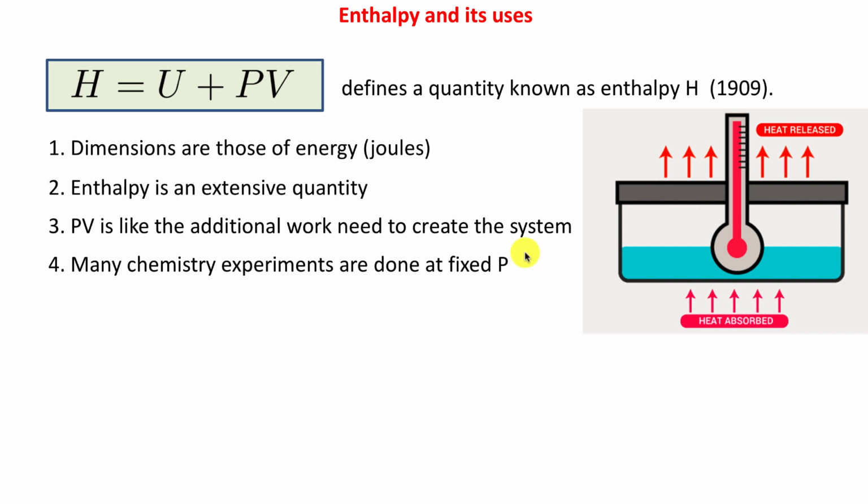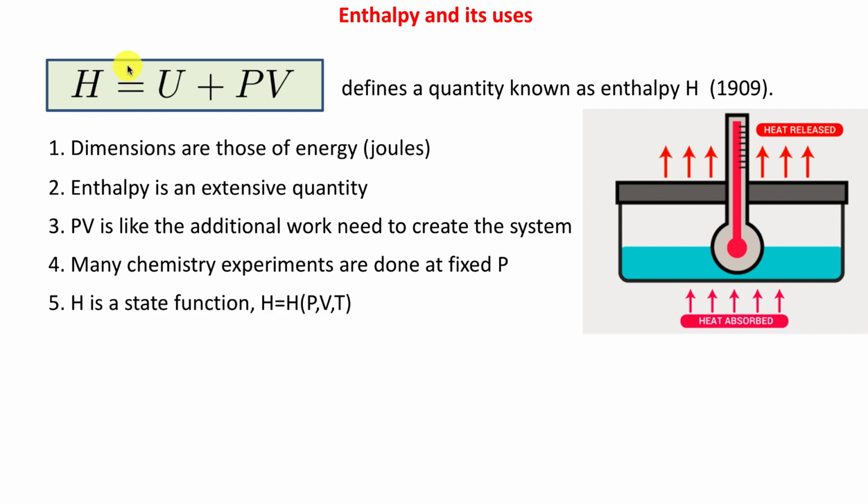So, of course, the heat capacity is going to be affected by the value of the pressure. And you know that for example, water boils at a different temperature at sea level, and it boils at a lower temperature when you go high up into the mountains.